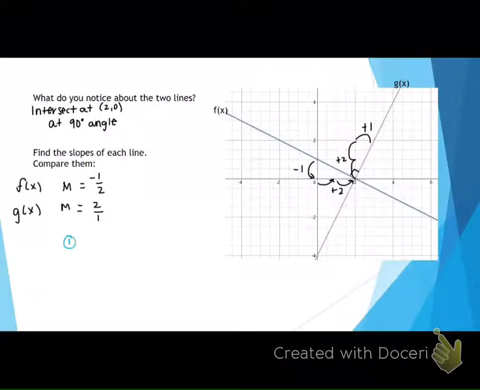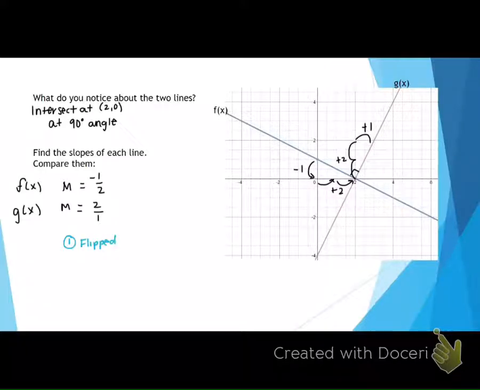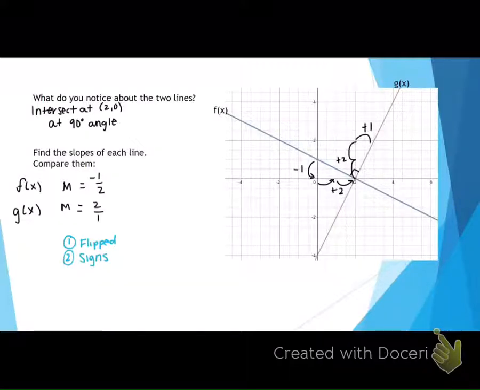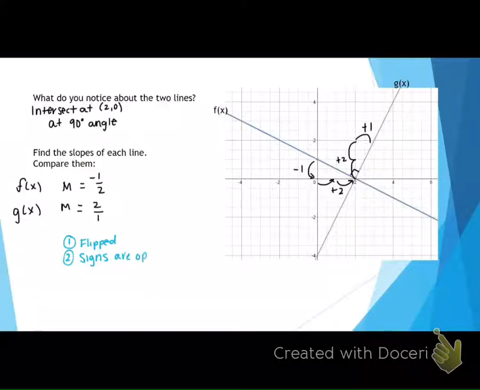So the first thing is they are flipped. Jordan. Signs are opposite. This is known as an opposite reciprocal. So to be perpendicular, you need to flip it, which is a reciprocal, and change the sign, which is the opposite part of it.